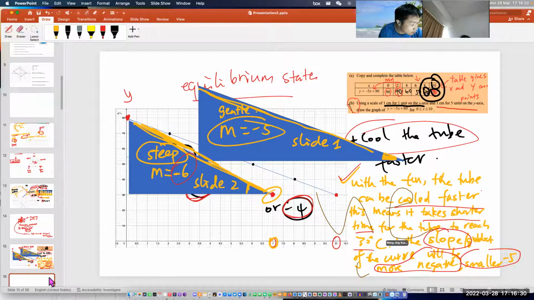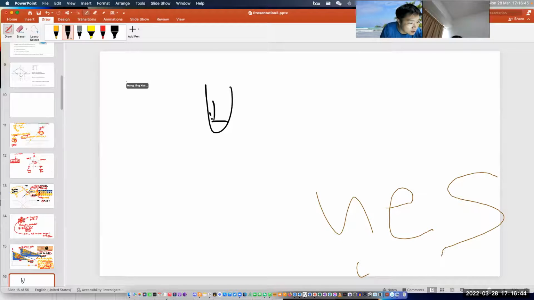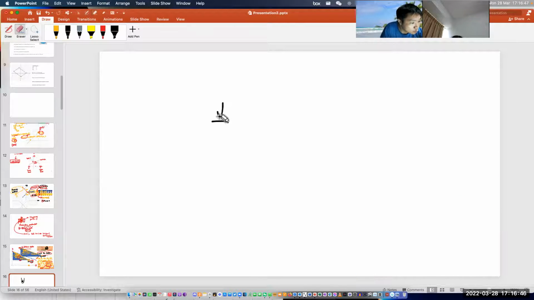So in a way, if you have taken a look at the next assignment, I have a similar question. Before I talk about that similar question, let's say I have a test tube here. This is some water. So you have fire.